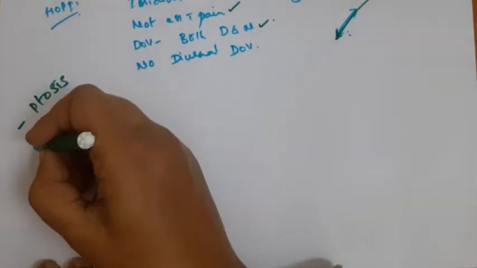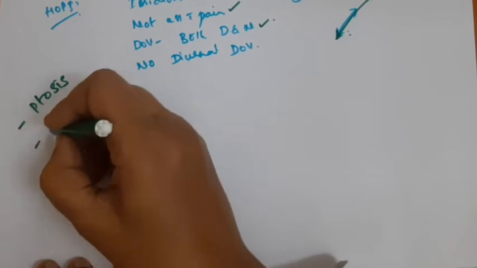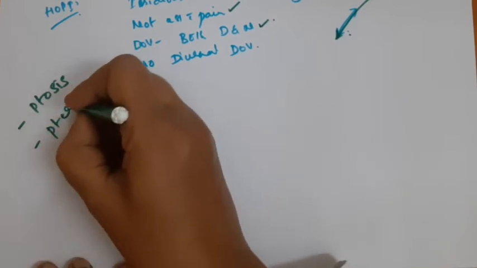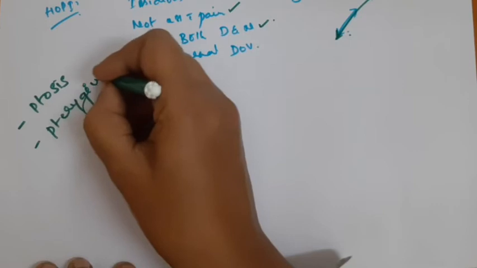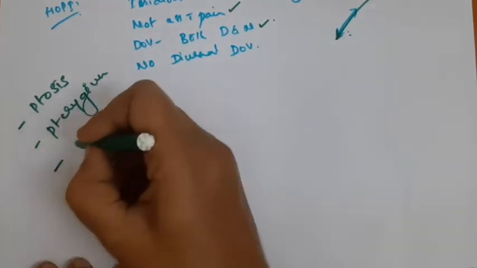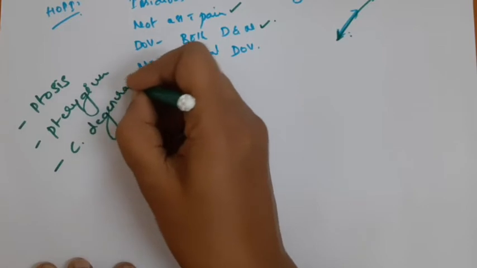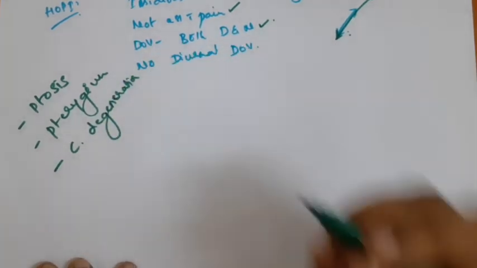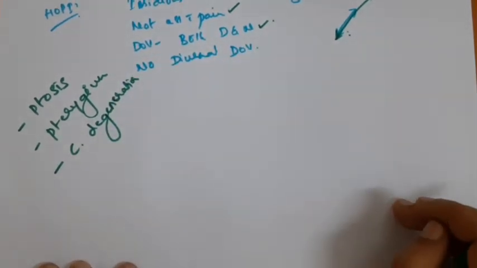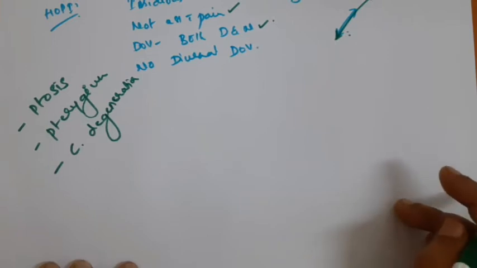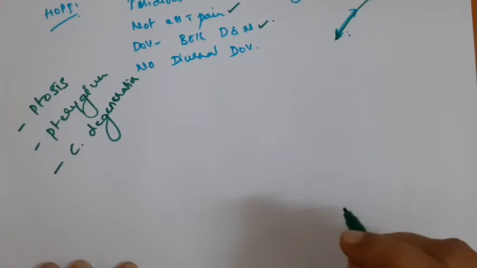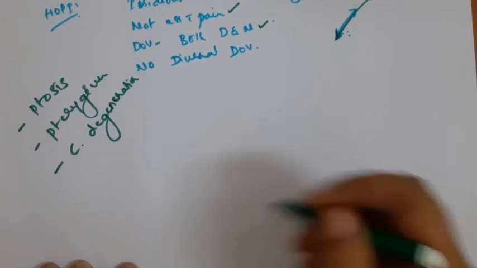In conjunctiva we have pterygium, which can fit into all these symptoms. In cornea we have corneal degenerations. Remember, it is degeneration, not dystrophy, because corneal dystrophies will be at an earlier age. Here the age of the patient is 70 years, so possibly you can include corneal degeneration.